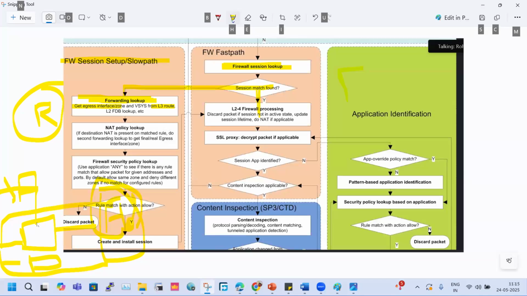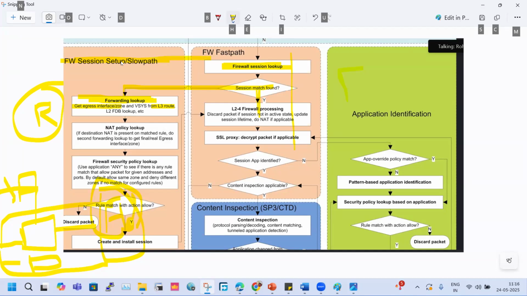If the session is available, it will go with the fast path, else it will follow the slow path if it's a new connection.